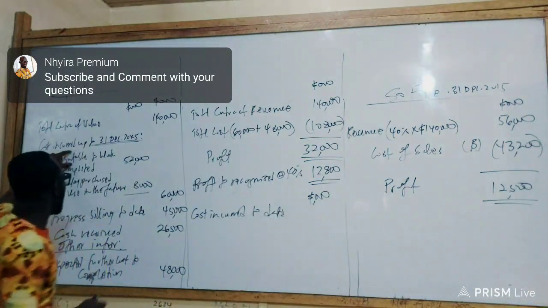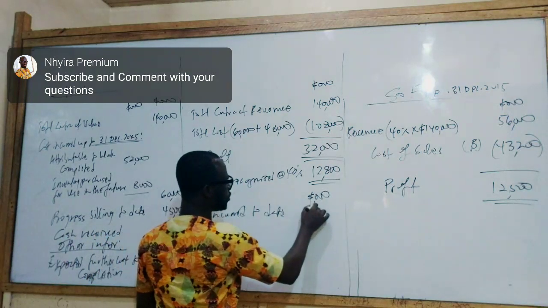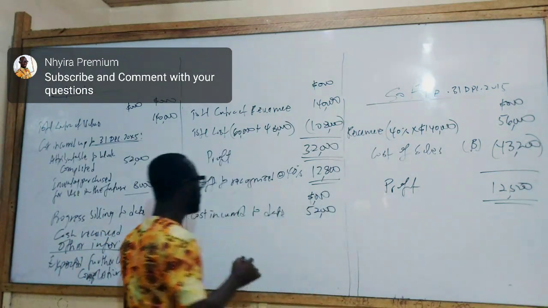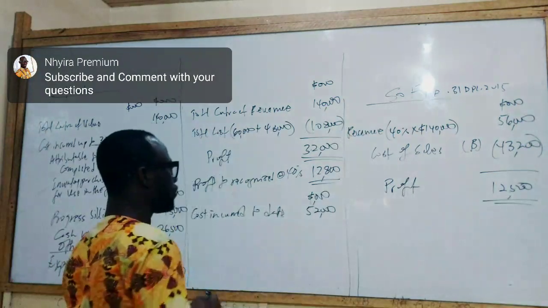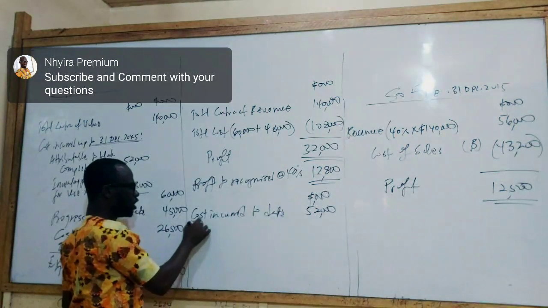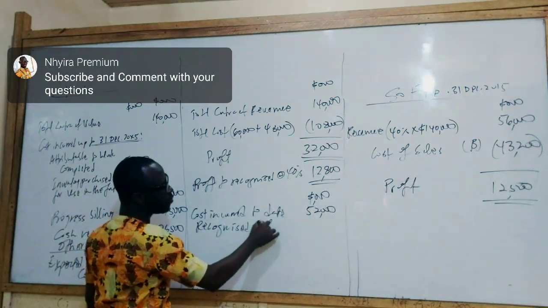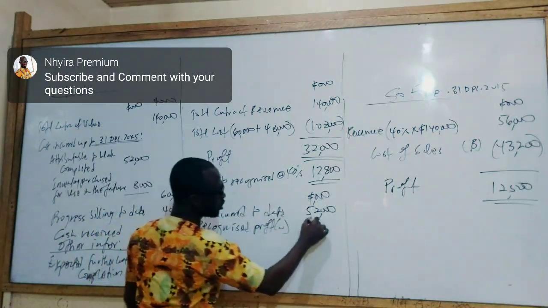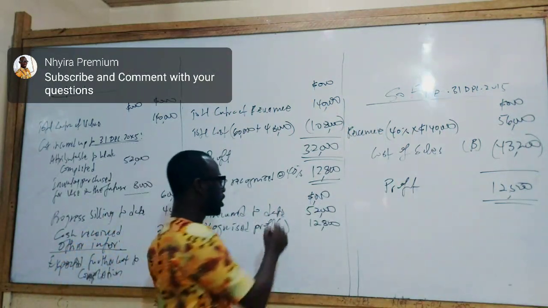And that is attributable to the job that has been completed. So 52,000. All right. Then we have to ask ourselves, what was the recognized profit? In this question, there was a profit. So we bring recognized profit. Remember, I told you it will either be profit or loss. So that's 12,800. That's the recognized profit.